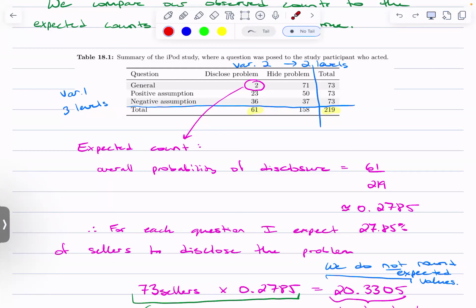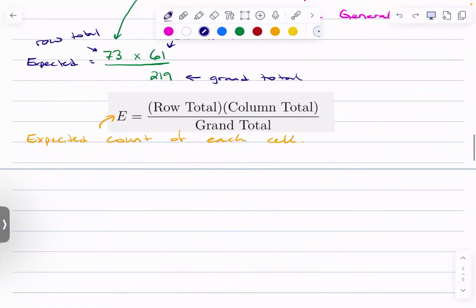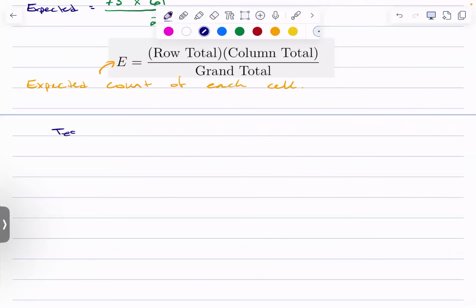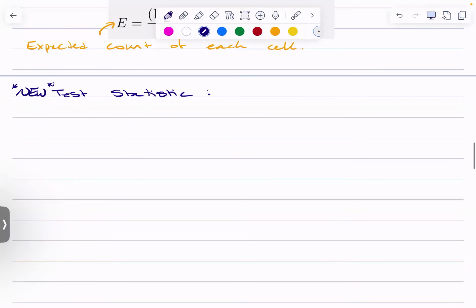So our brand new test statistic is called the chi-squared. It's spelled chi, but don't say that. You're going to read it as chi. It's a Greek letter chi, chi-squared.